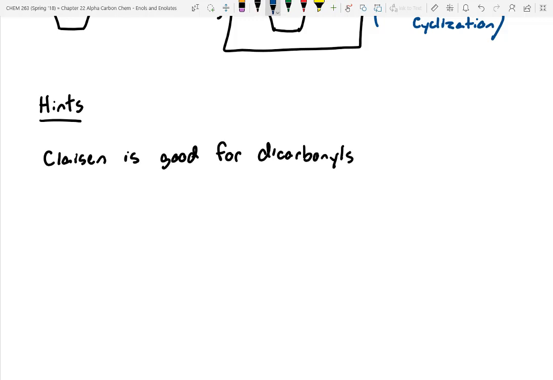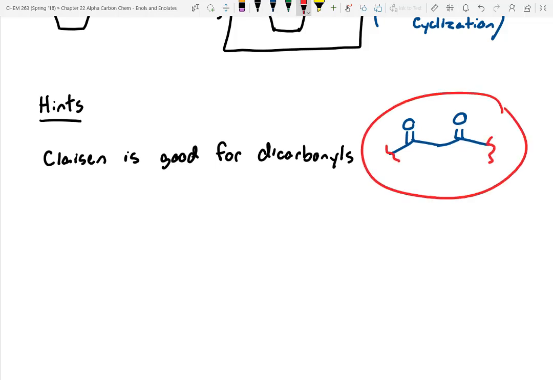A dicarbonyl is when you have two carbonyls separated by a CH2 bond. So if you see this product somewhere in there, good chance you can make that with a Claisen reaction, right? Because all of our Claisen reactions ended up with two carbonyls right next door to one another. So Claisen condensations are good for that.